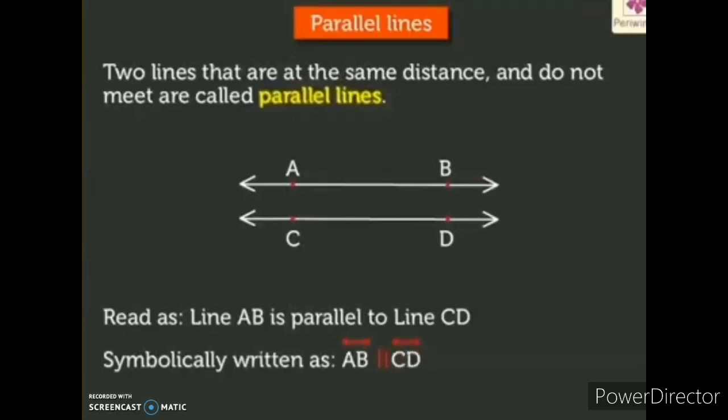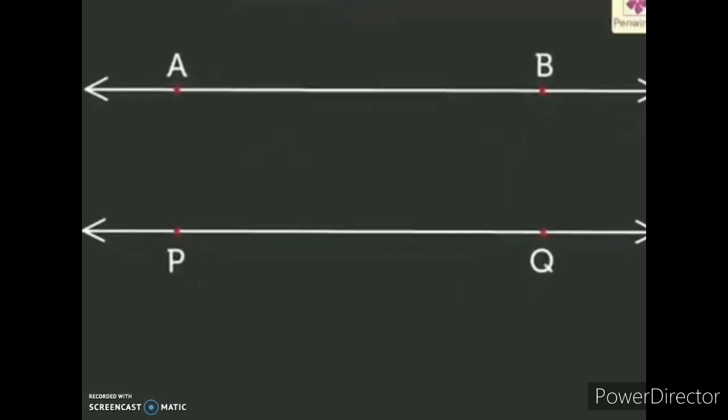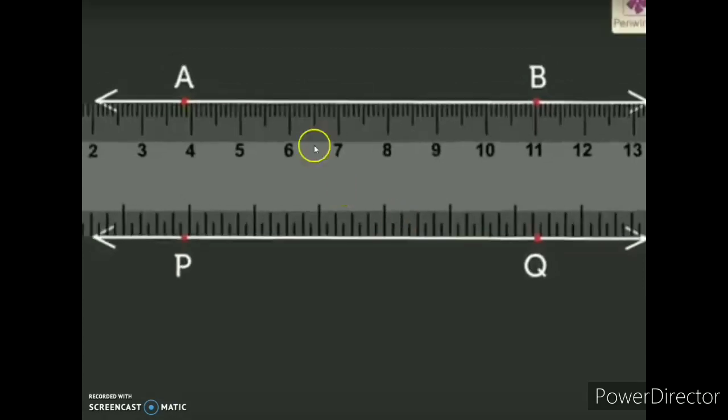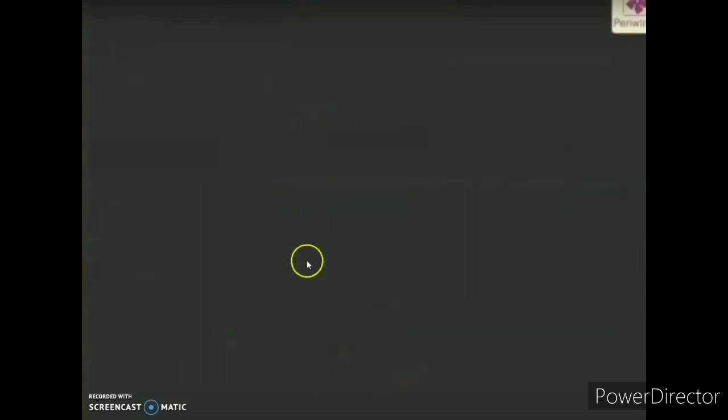Symbolically, we can represent it like AB parallel symbol CD. So we see that the either edges of the ruler are parallel. Okay, these are the two edges of the ruler. These are parallel to each other. Got it, children?